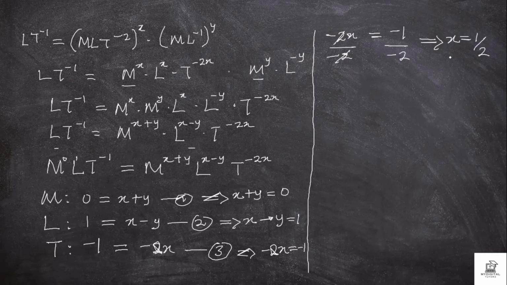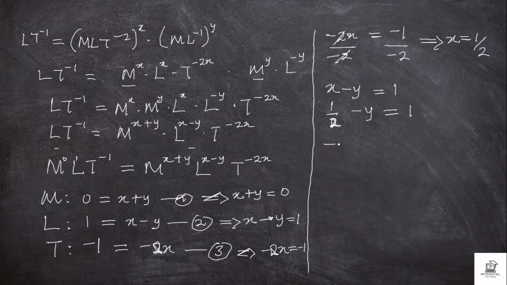So I can substitute x in any of the remaining equations to get my y. Any of the equations that has a y will do. Let's use equation 2. Equation 2 says that x minus y is equal to 1. So anywhere I see x, I'll put my value, which is half, 1 over 2, minus y is equal to 1.